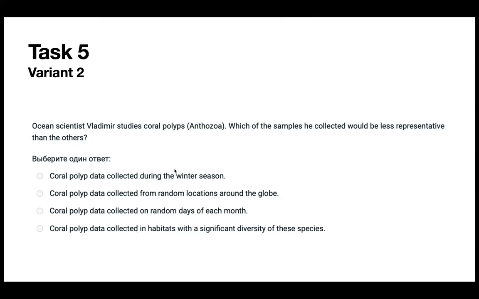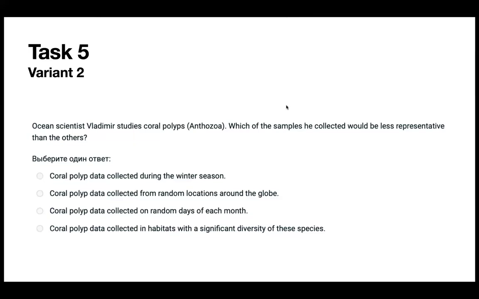Yes, but our task isn't to find the most representative sample. So obviously the answer here would be our first statement because it's the least representative for us. I guess that should be clear for you.